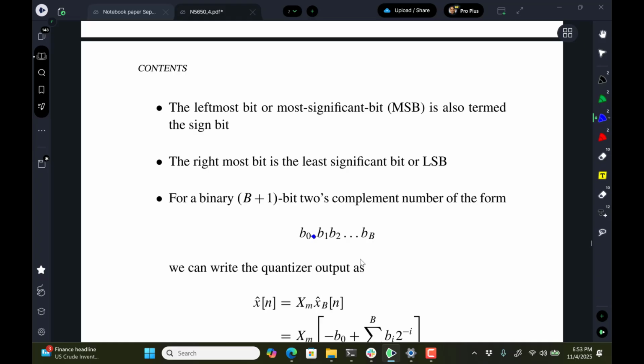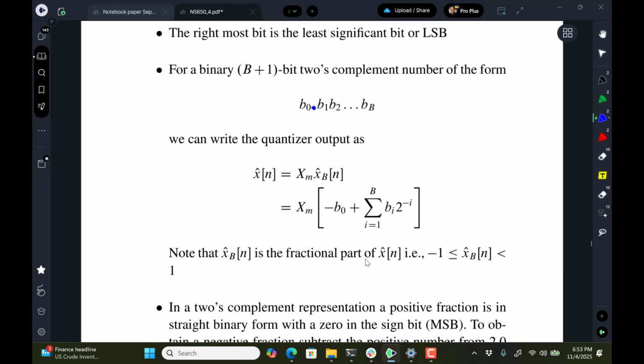The total number of bits minus 1 is B, and that's how many magnitude bits we have. So our quantizer output is composed of a sign bit, which is an amplitude level that's either minus 1 or plus 1, and then we have a binary fraction as we count from 1 up to B bits, and the weighting factor is 2 to the minus I. So this is our binary weight, as we go further to the right in the least significant bits.